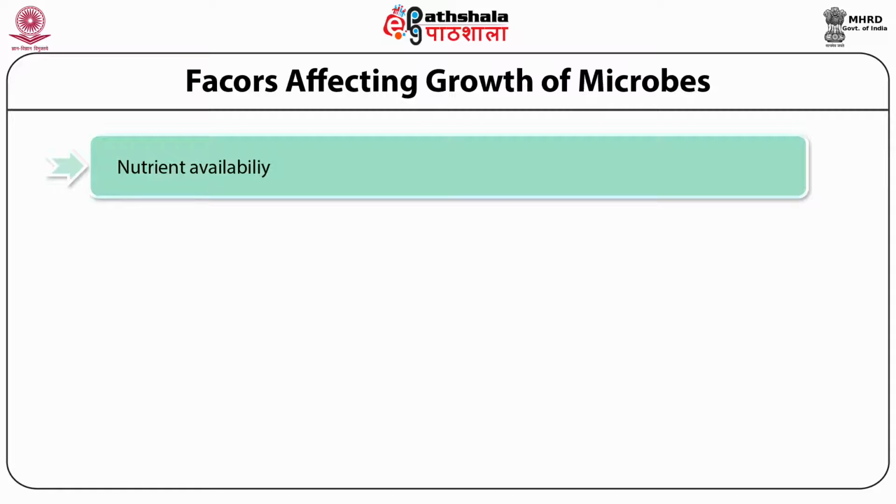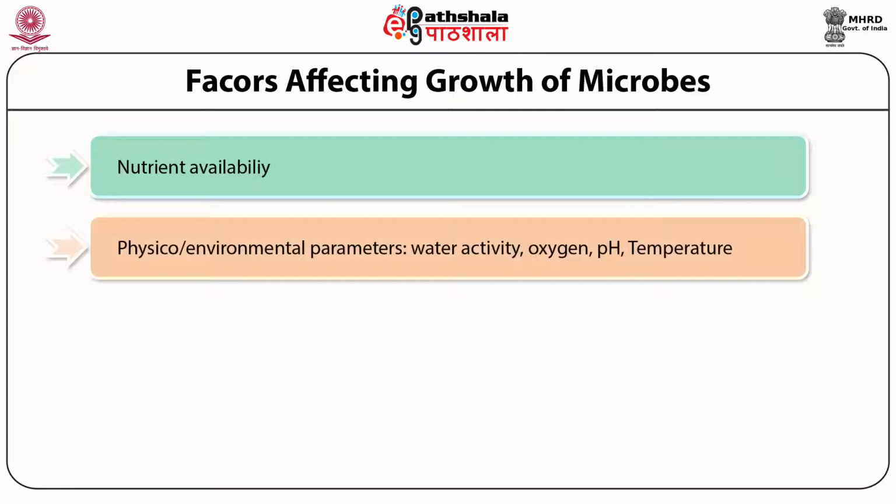The second factor is physico-environmental parameters such as water activity, oxygen, pH, and temperature. Water activity indicates the biologically available water to the microbe. Oxygen: some microbes are aerobic, they require oxygen, whereas others are anaerobic, they don't require oxygen.